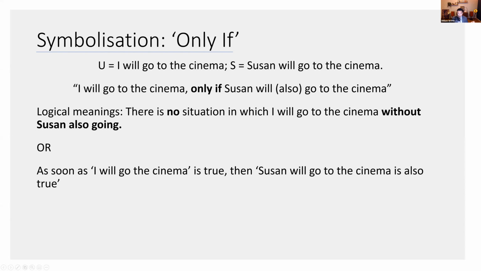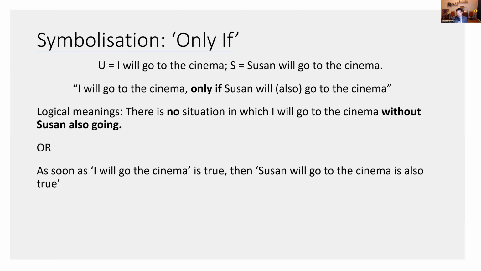So as soon as you have I will go to the cinema, then you can say Susan will go to the cinema, right? A third way of saying this is Susan going to the cinema is a necessary condition for your going, right? This is similar to the fire example. If Susan going to the cinema is a necessary condition for your going, then as soon as you go to the cinema, you know that Susan will also be going.